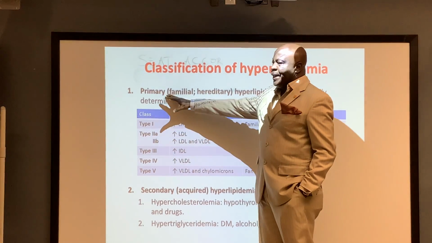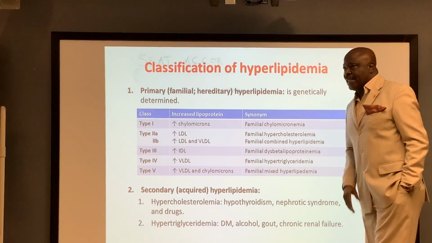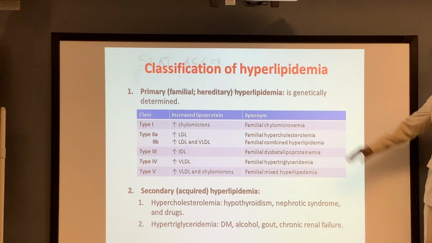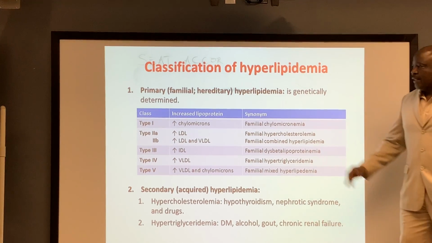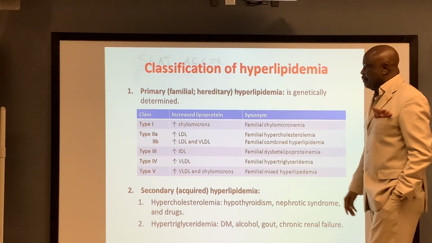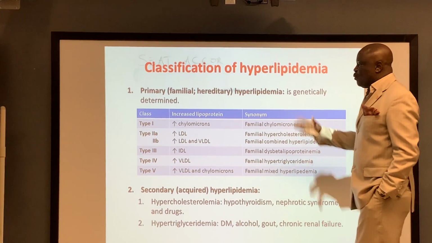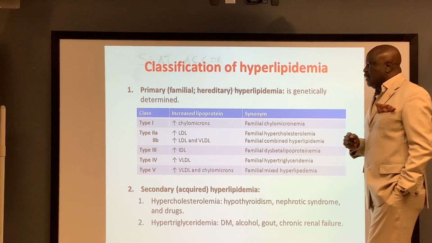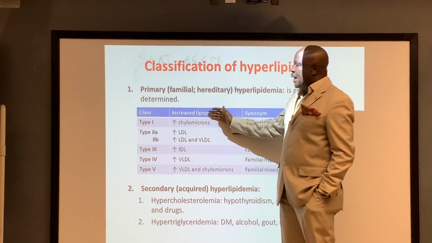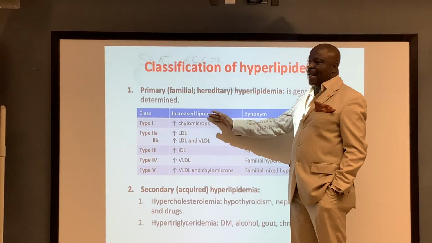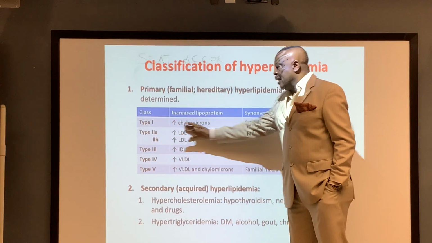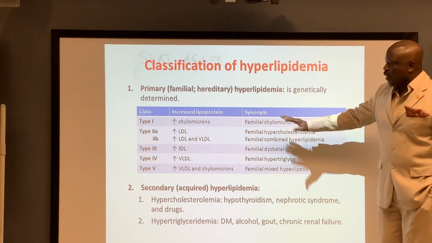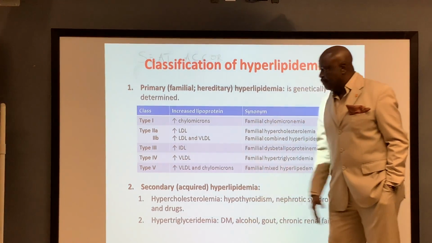It could be primary if it runs in the family and is hereditary. And this is the one that is genetically determined. There are 5 major types of them, types 1, 2, 3, 4, 5. And this is associated with specific lipoproteins that are increased. For example, in type 1, you have an increase in chylomicrons, not any other one.